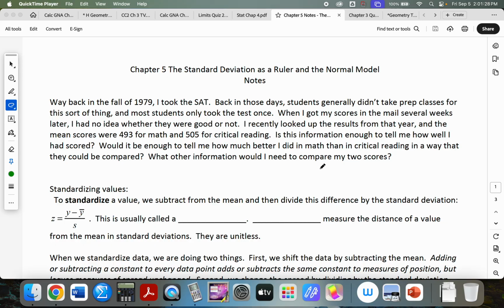The other piece of information that you would need is a standard deviation. So we use the standard deviation to standardize scores.